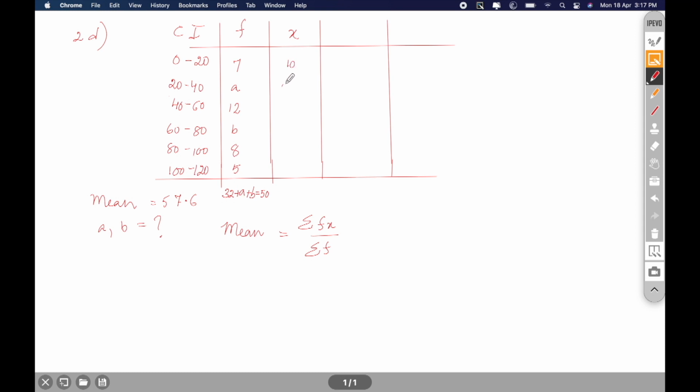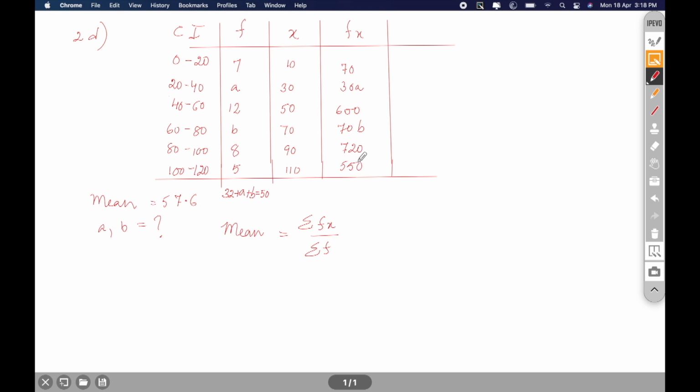So it is 10, 30, 50, 70, 90 and 110. Next, we need the product of frequency and the class marks, that is 70 here, this is 30A, then comes 600, then 70B, then 720 and 550.